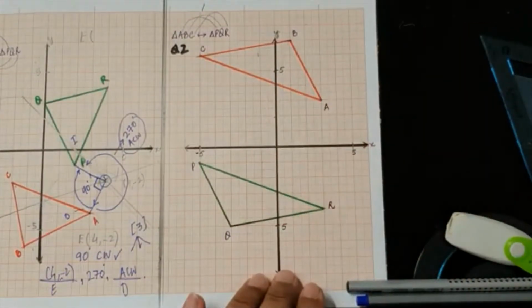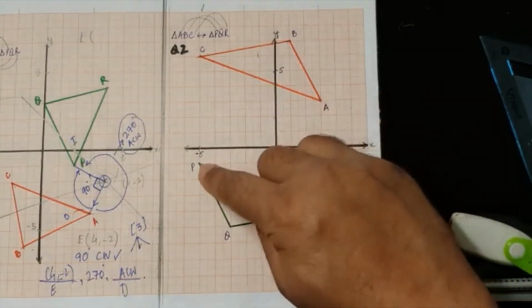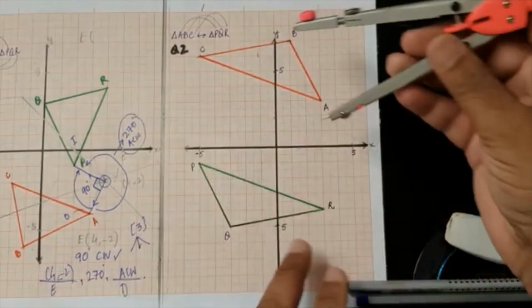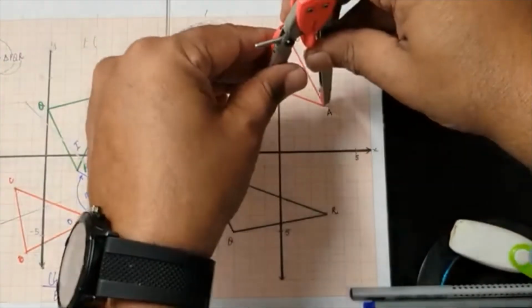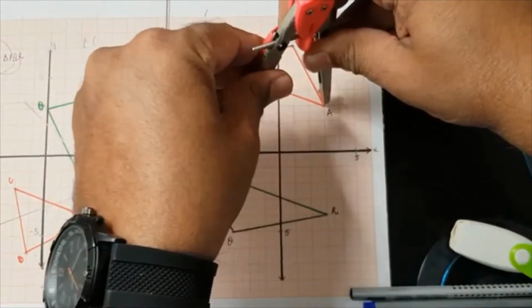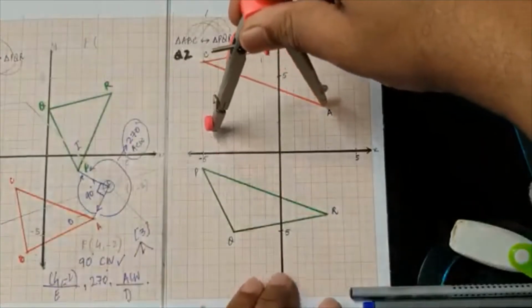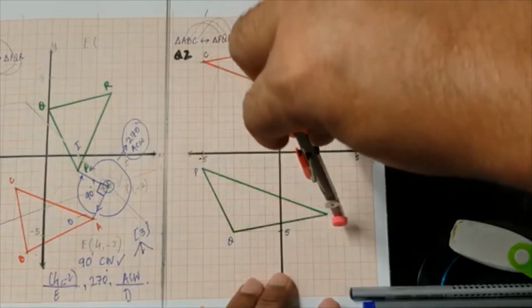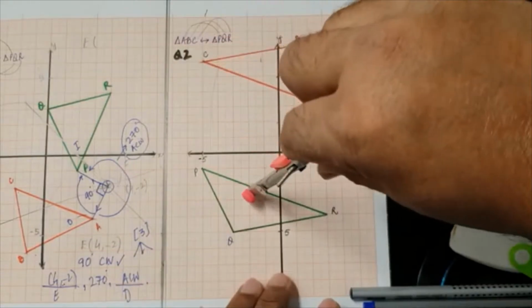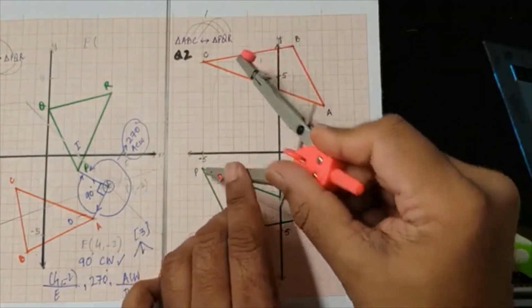So now, from these 2 points, A and P, I have to use more than half. I will draw the perpendicular bisector between A and P. You can draw a line between A and P to draw the perpendicular bisector, but this is my idea.